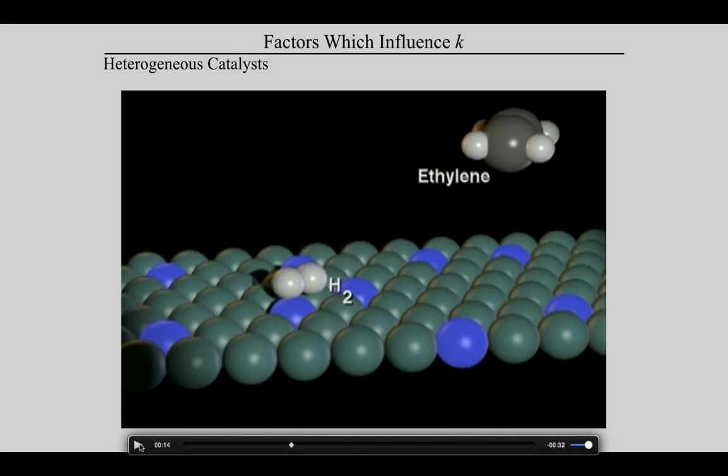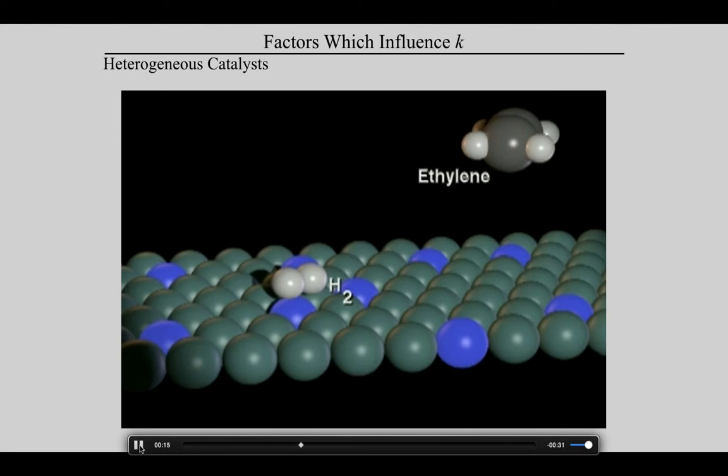What do you notice about the diatomic hydrogen? It's stuck to the catalyst. Why? Polarity, magic, gods, we don't know. Little elves, we don't know. But guys, it's stuck to this. We do know it's intermolecular forces. What do we call that sticking process? Adsorption. That guy's just been adsorbed.